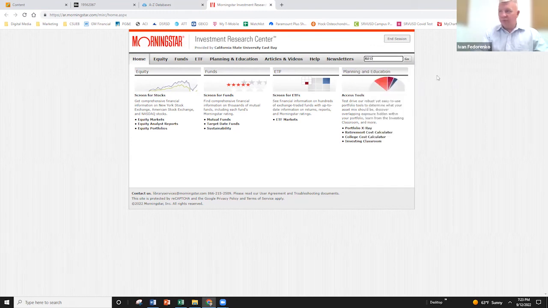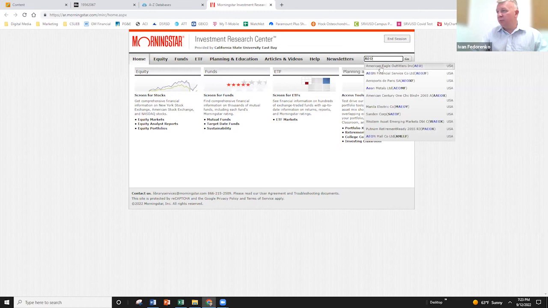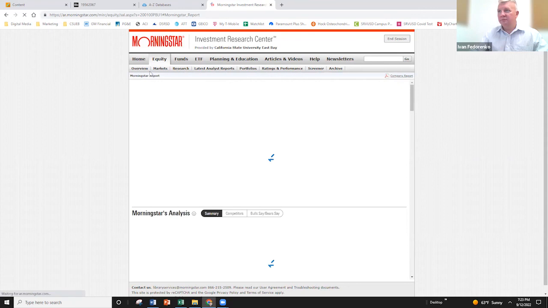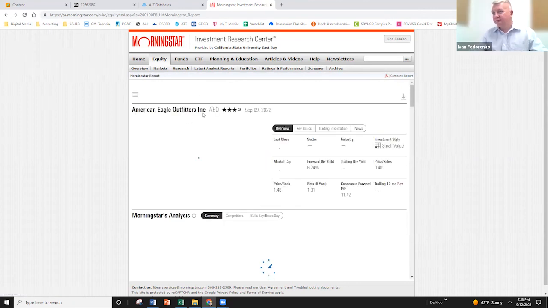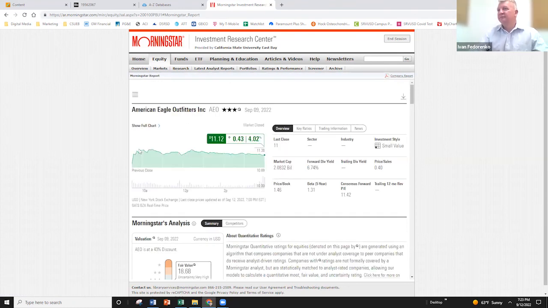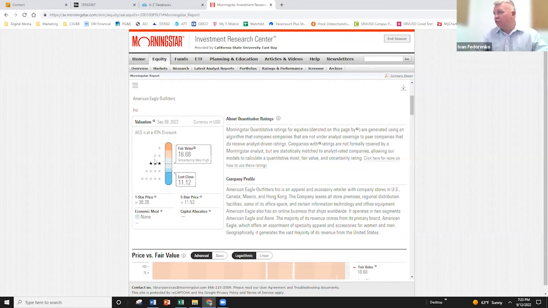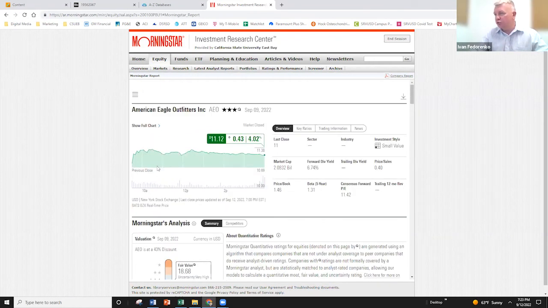For example, if I was looking into one of my recent favorites, American Eagle Outfitters, it starts from financial performance, from stock market performance, what the stock is doing.